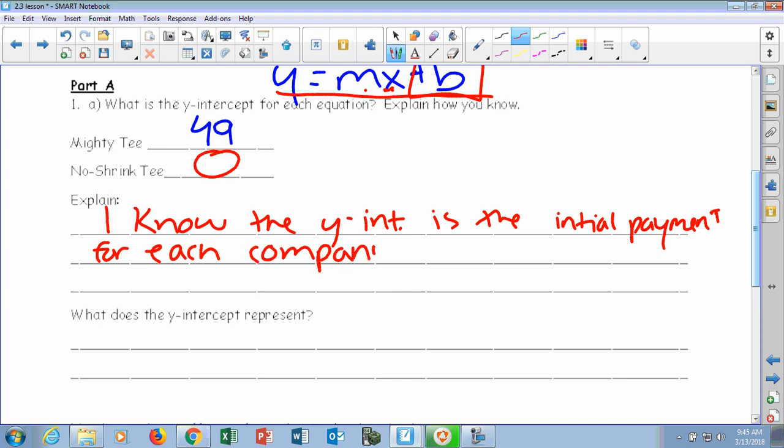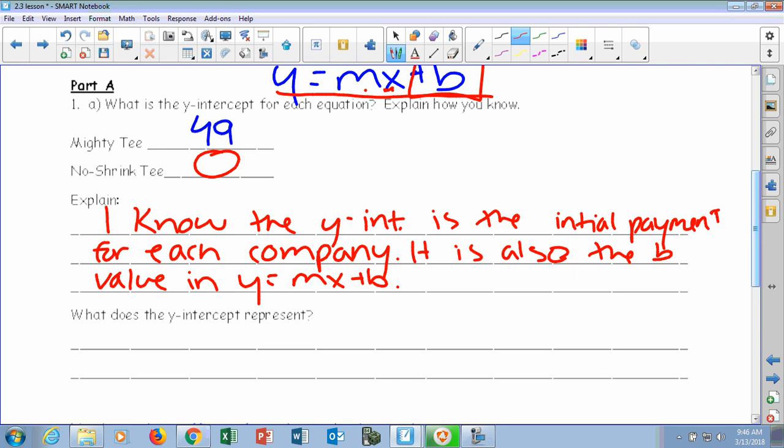That's the initial payment, that Y that we start off with. It is also the B value in y equals mx plus b, which is what we use to find the y-intercepts in part A. We use that equation and looked at our b.